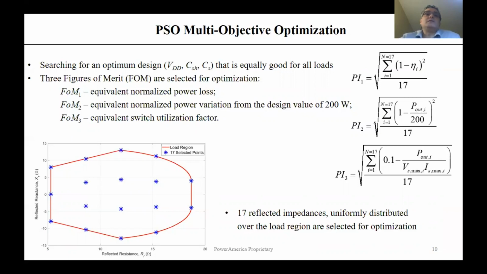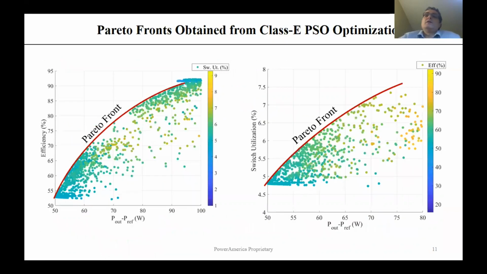We selected the particle swarm optimization algorithm as the most suitable for this type of optimization to be our search engine. Finally, particle swarm optimization is developed and tested. It's capable of optimizing any weighted sum of the 3 figures of merit that I've just defined.